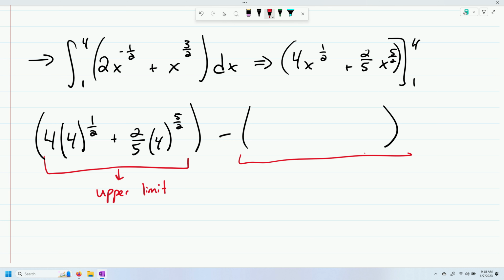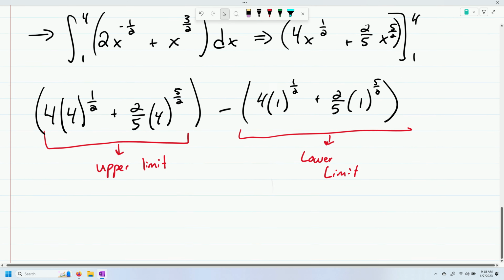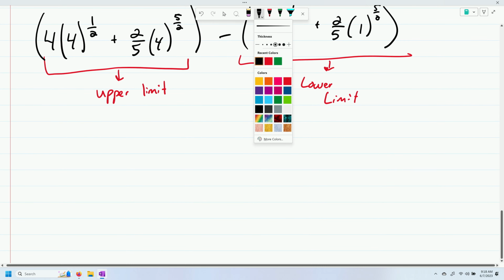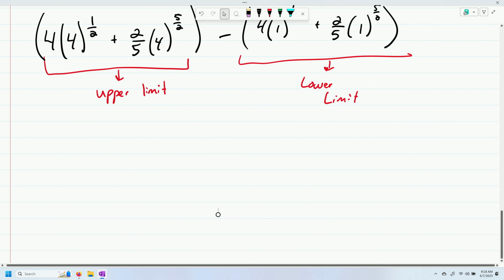So this right here is going to be our lower limit. So just go ahead and make the substitutions. We get 4 times 1 to the 1/2 plus 2 over 5 times 1 to the 5 over 2. Oops. There we go. Sorry about that.